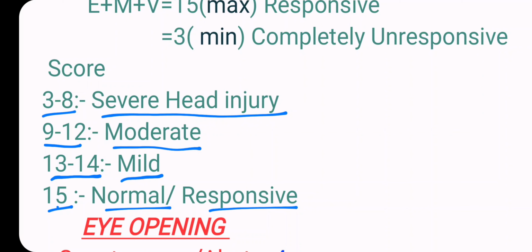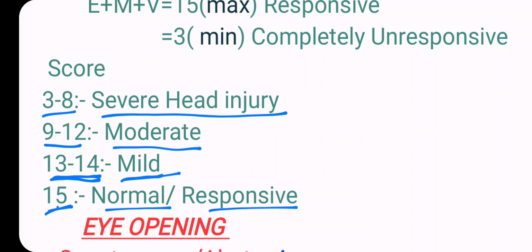Many books write 13 to 15 as mild head injury, but I think 15 is normal, so mild head injury will be 13 to 14, not 15.